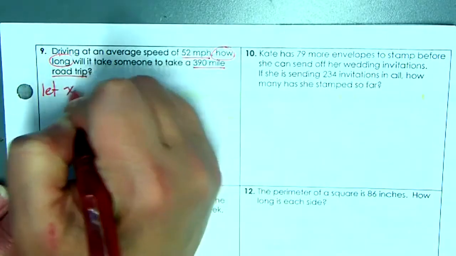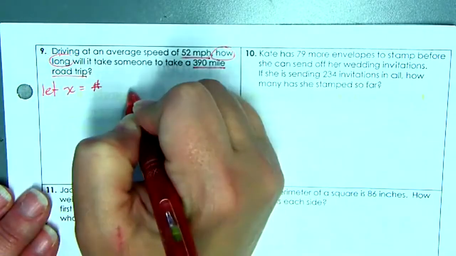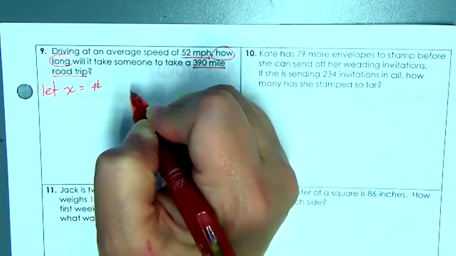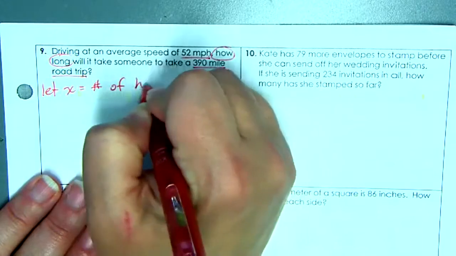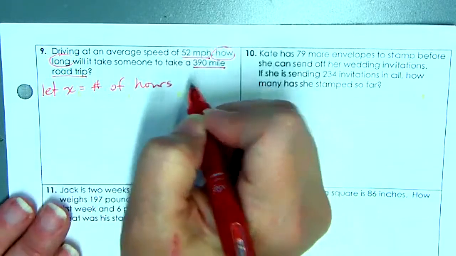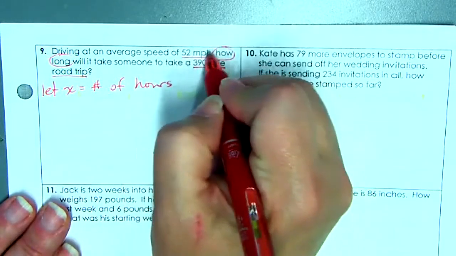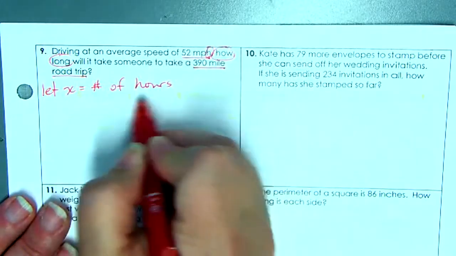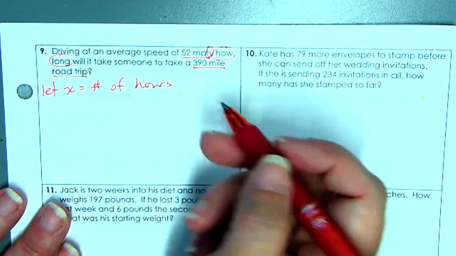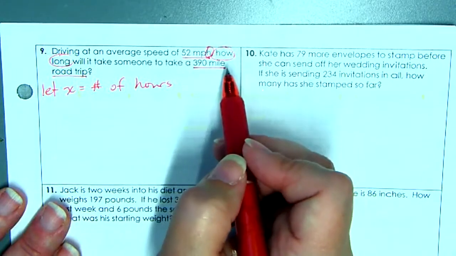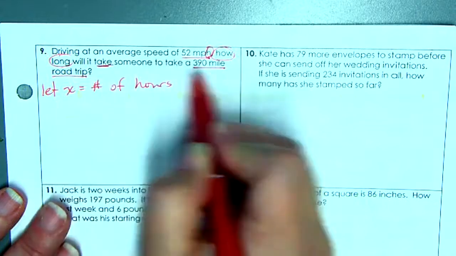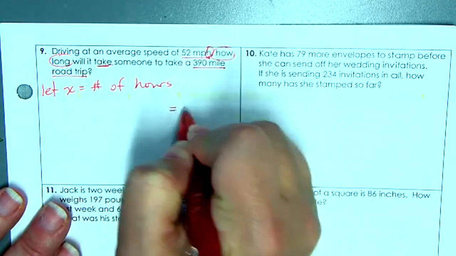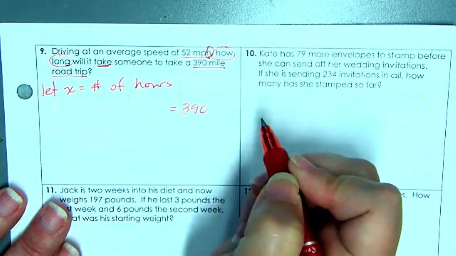So I'm going to say let x equal number of hours, because it's miles per hour. This length of time is going to be the number of hours, and that's going to be my equal. So it's going to have to equal 390 miles.